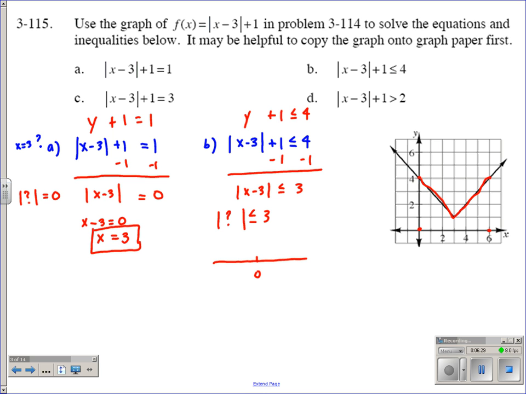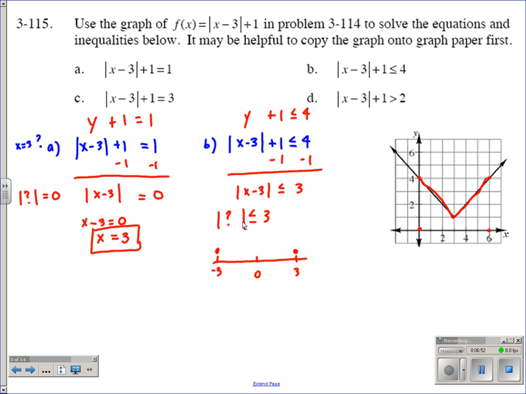I got 0, I'm going to put a 3 here, and I'm going to put a negative 3 over here. I want to know what numbers on my number line are less than or equal to 3 units from 0. Well, we know 3 is 3 units from 0, and we know negative 3 is equal to 3 units from 0.